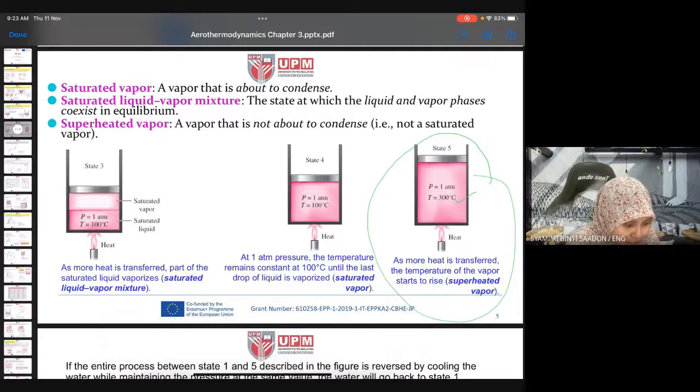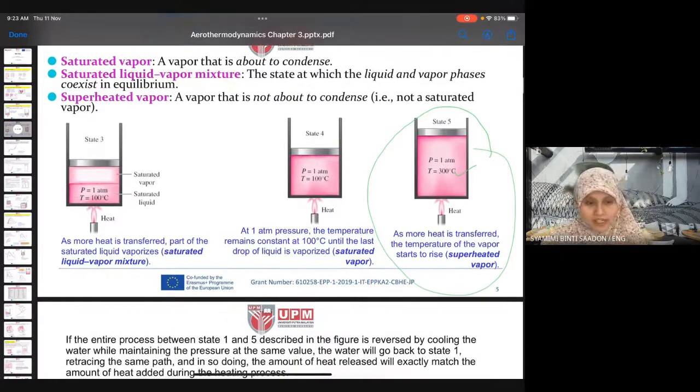So those are the definitions. You have to remember saturated liquid, liquid-vapor mixture, saturated vapor, superheated vapor. Because later on, in thermodynamics, we have what we call thermodynamic tables. There are a few tables that scientists use when you want to calculate the energy balance. We have to determine the properties, the energy, etc., at each state of the fluid.